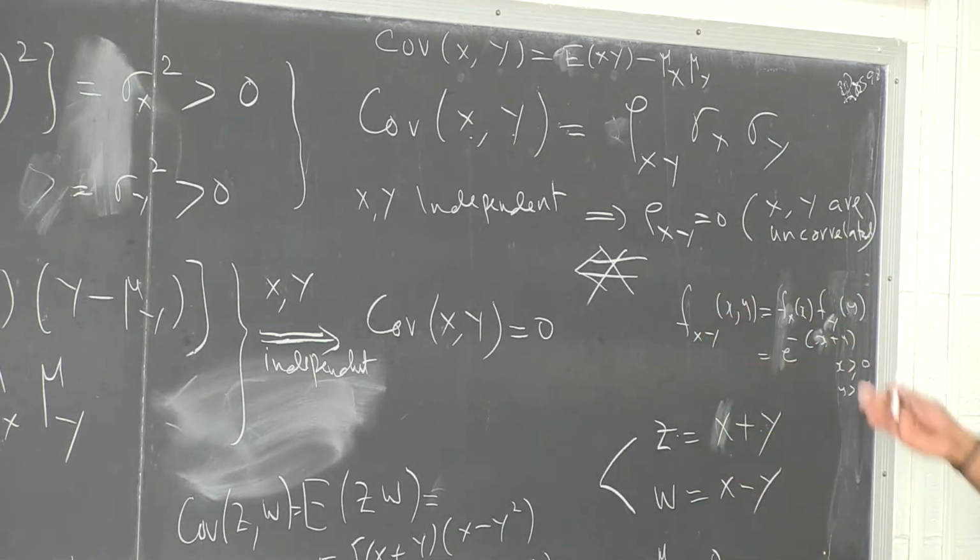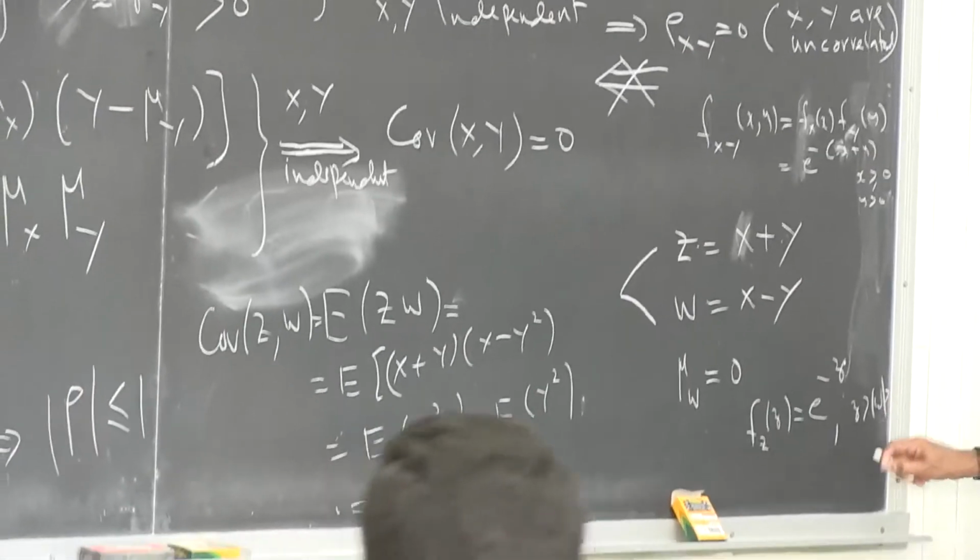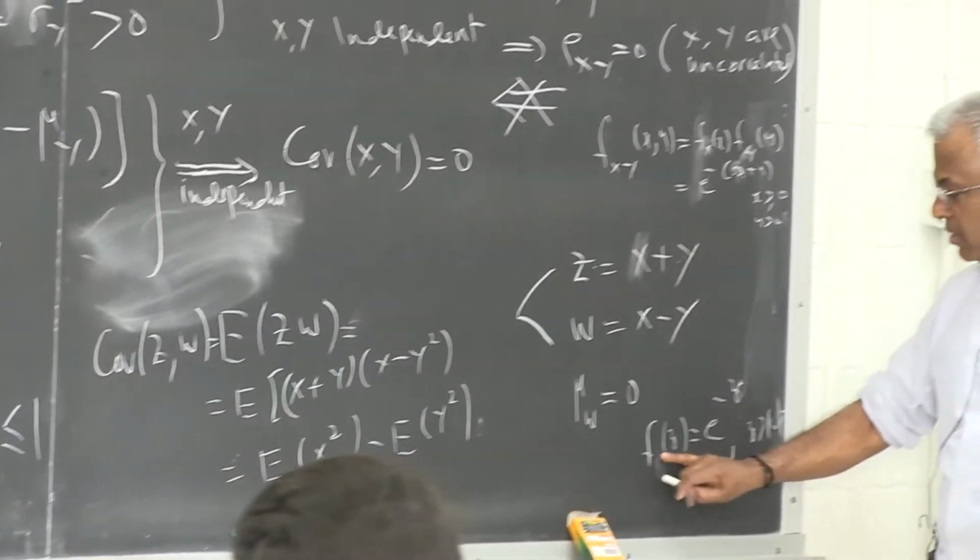Now, I think we did this. You find the joint density function of z and w. It will come out to be e raised to minus z, remember, we went through all this, for z greater than absolute value of w greater than 0.